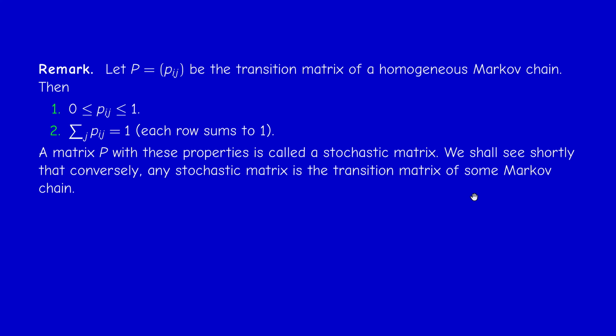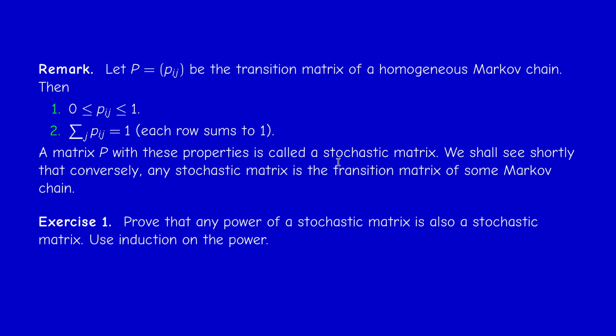So we can characterize Markov chains by their transition probability matrix. As a first exercise to test your understanding, prove that any power of a stochastic matrix is also a stochastic matrix. This is just a useful exercise in induction. Just use induction. And please do it, because next time we shall use ideas involved in this exercise.